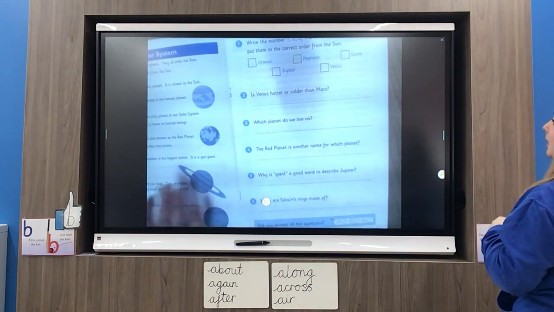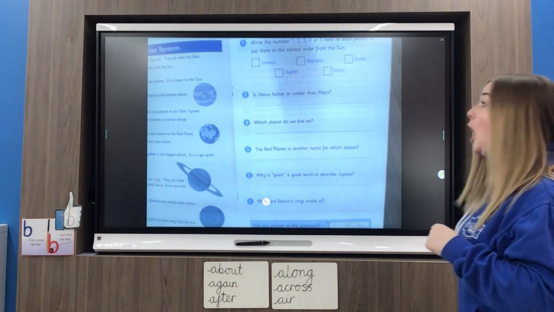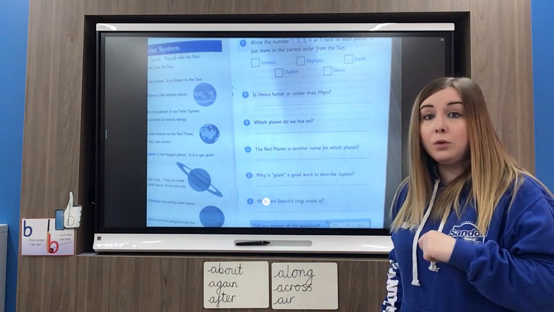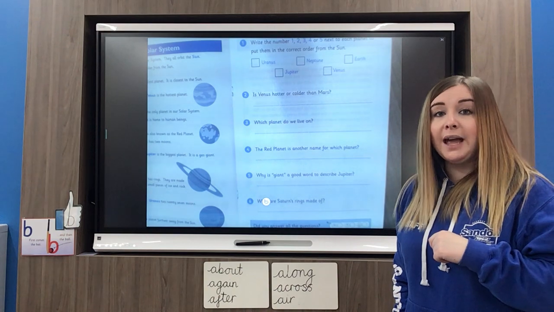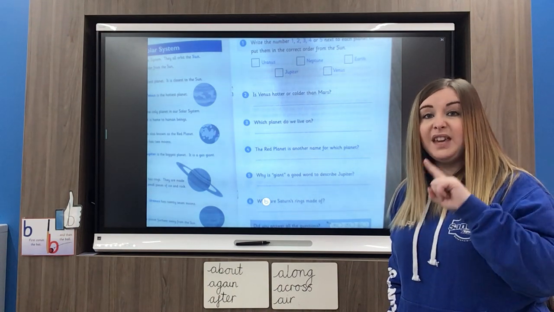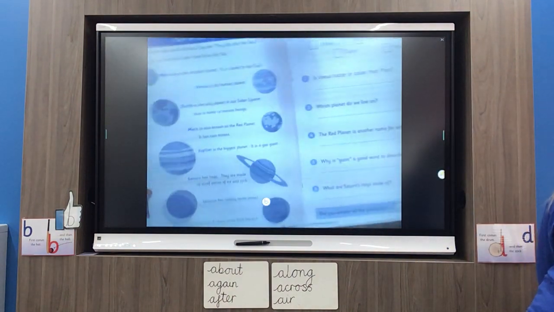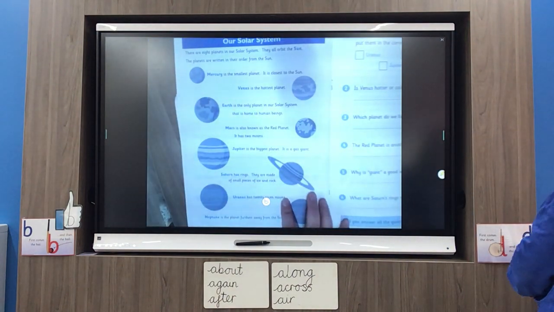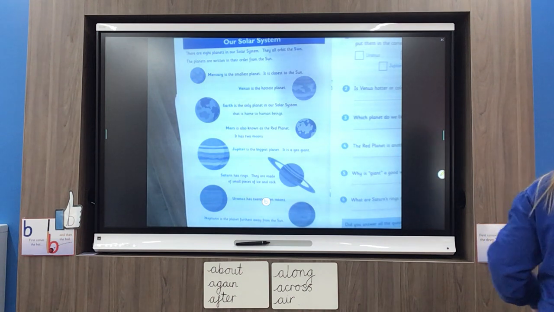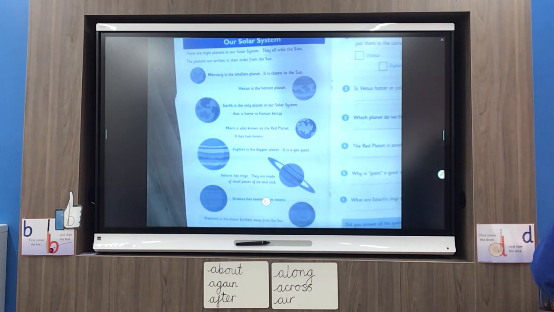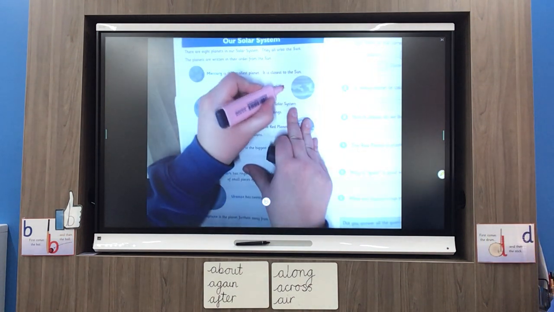Question number 2, is Venus hotter or colder than Mars? So now we're going to read the sentences about Venus and Mars to see which one is hotter. Remember, we're becoming Rex Retrievers and looking for the answers in the text. So here's my sentence about Venus.